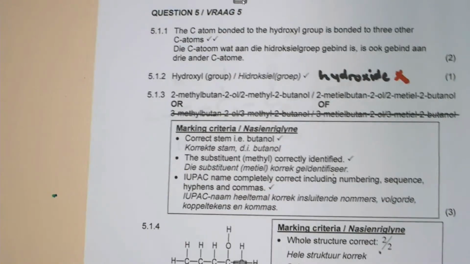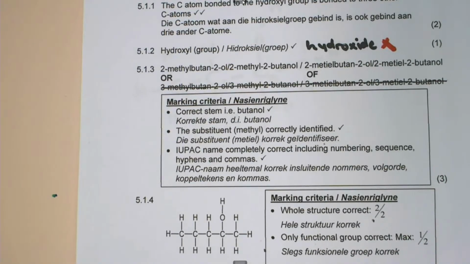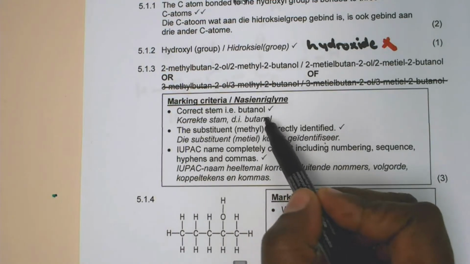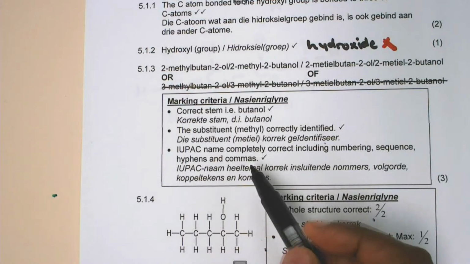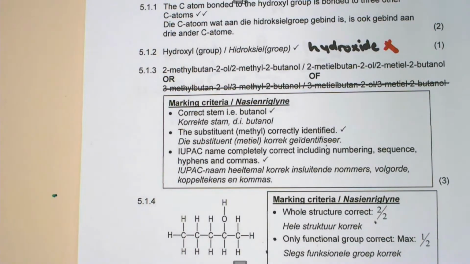Now, because it's 3 marks, what is the criteria? For butanol, it's 1 mark. And then for identifying a substituent, so when there's a methyl, it's 1 mark. And then for the 3rd mark, everything must be correct with the correct numbering. In other words, it must be 2-methyl and it must be butan-2-ol, correct numbering. And then with the correct sequence, with the correct hyphens.